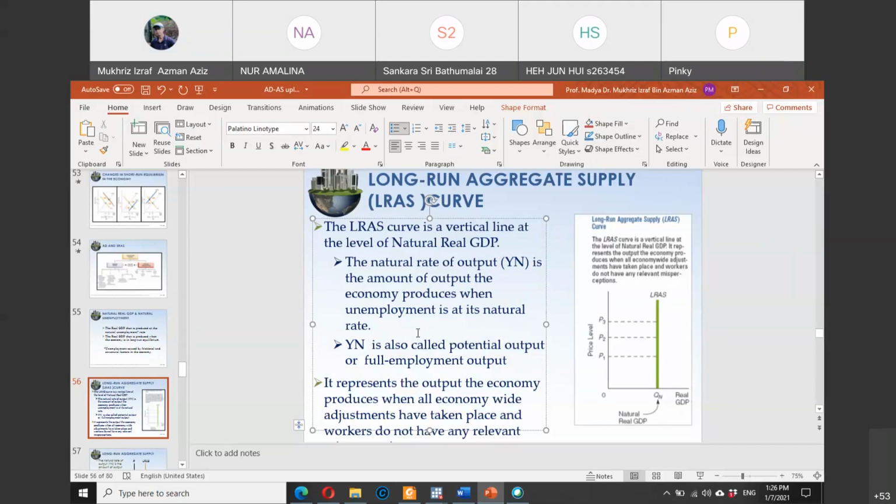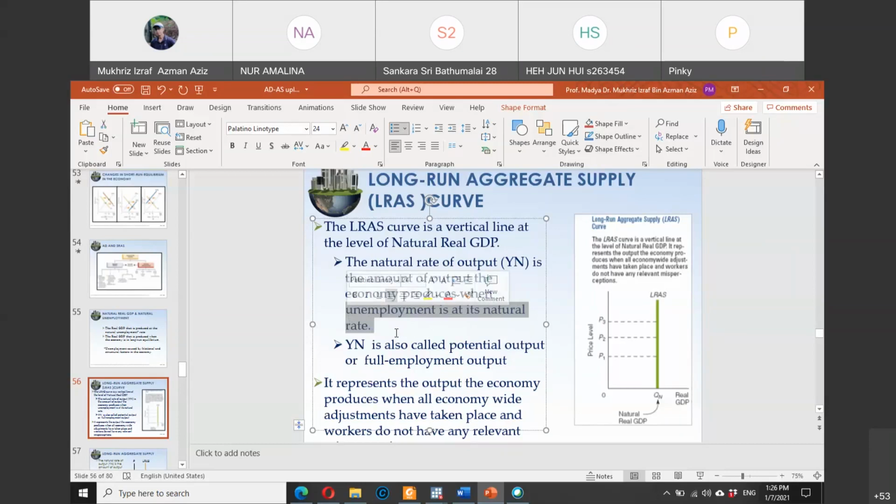But even though the economy is doing well, at any time of the year, in any country, there will always be unemployment. The unemployment rate at which the economy is doing very well is what we call the natural unemployment rate.